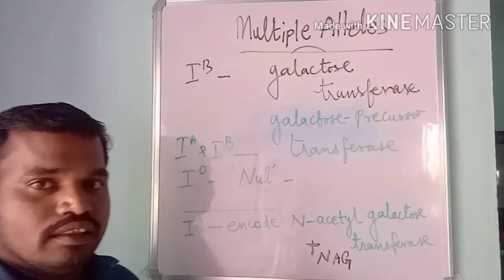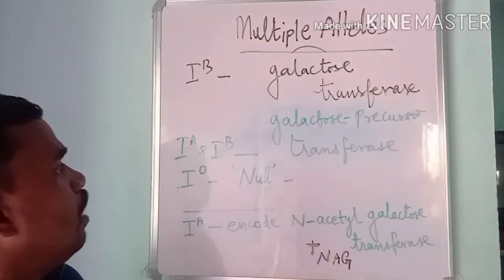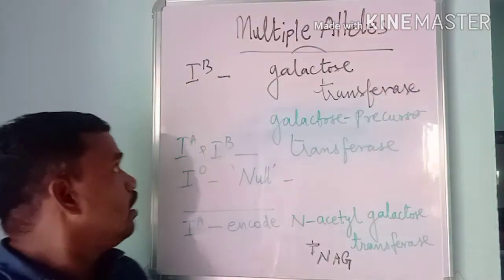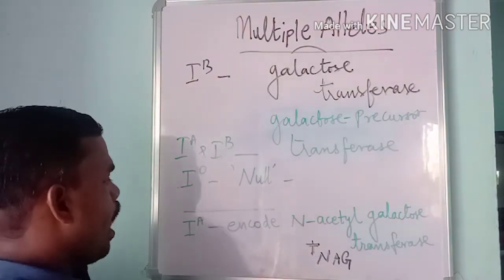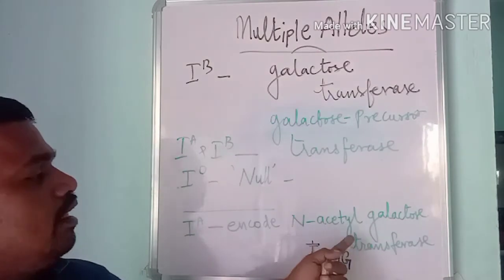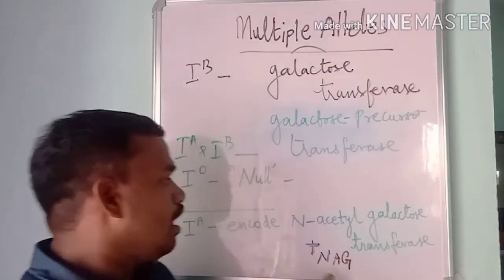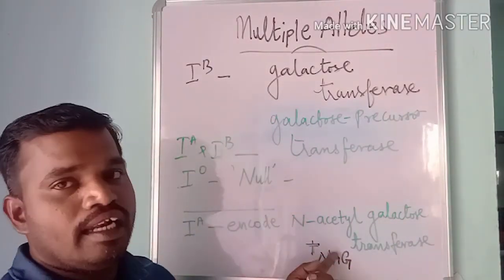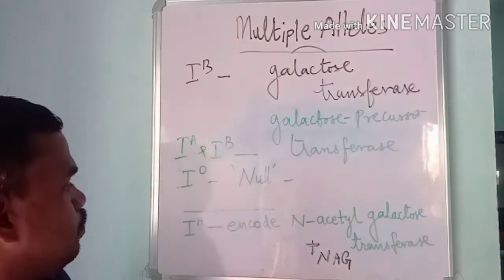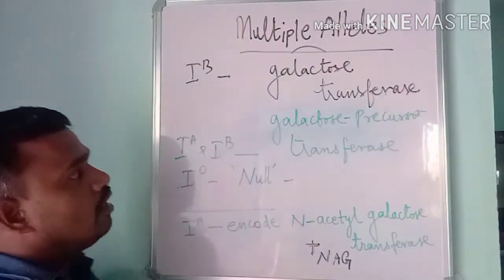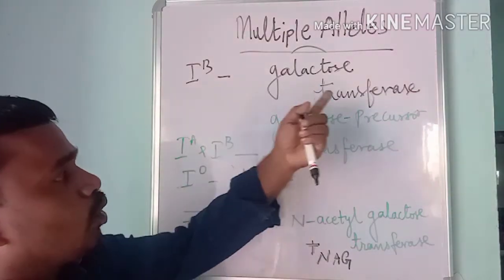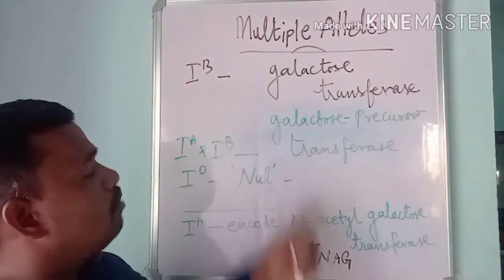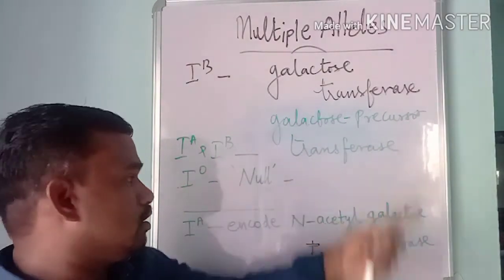Do you understand the main function of the IA, IB and IO alleles? IA encodes N-acetyl galactose transferase, which can add N-acetyl galactosamine. IB encodes the enzyme galactose transferase, which can add galactose to the precursor.